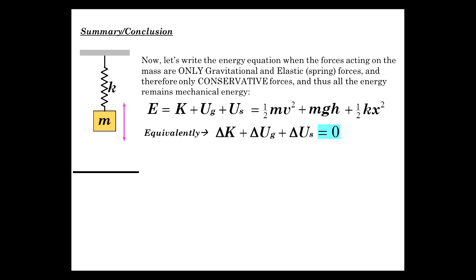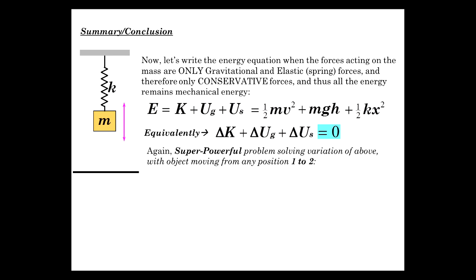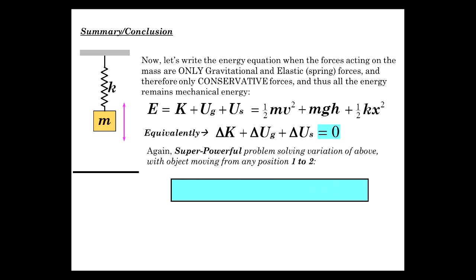Well, since the deltas are changes, it's final minus initial, or position 2 minus position 1 for each. So we can put all the position 1 energies on one side and all the position 2 energies on the other side and come up with a super powerful problem-solving variation of this.